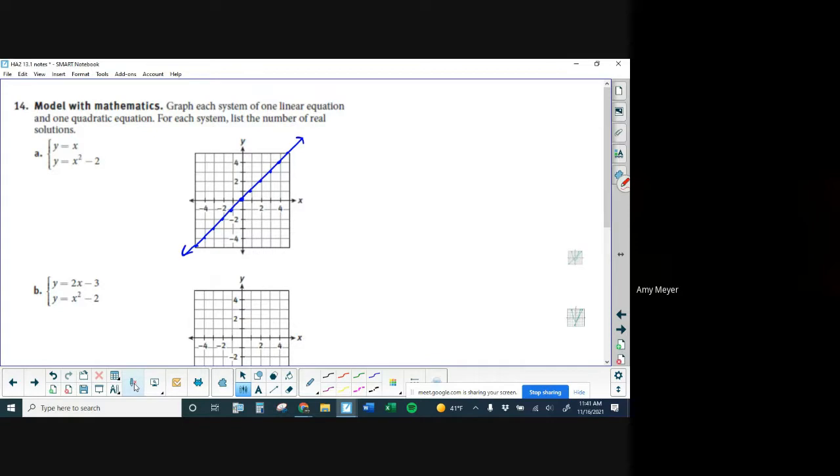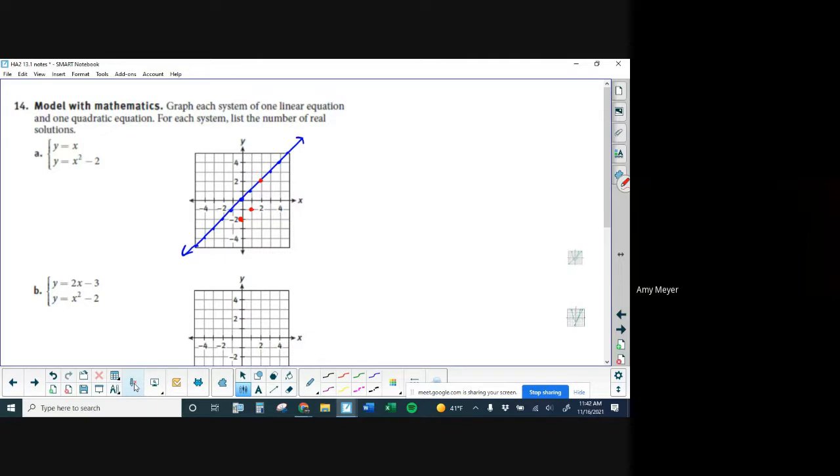Now the next one you can see is not linear. It's going to be a parabola. We know how to graph this. You guys can plot the parent function and slide it down 2. Or maybe we can do it without doing a parent function. Do we know that it's going to start right here? You know how much it's going to rise? Yeah, it's a parabola with no stretch or shrink. So if I go over 1, I go up 1. Over 2, up 4.